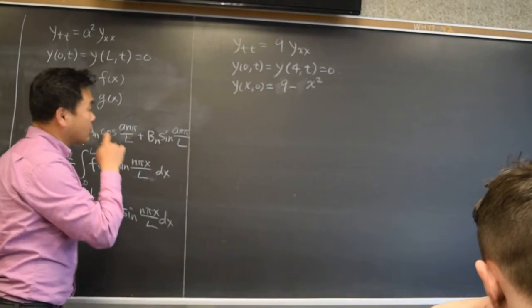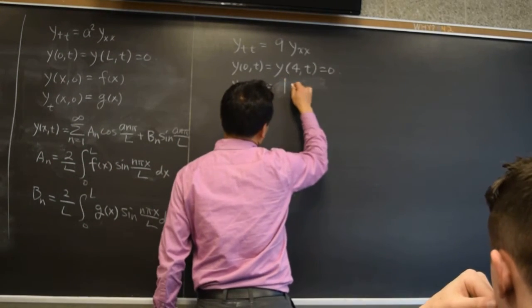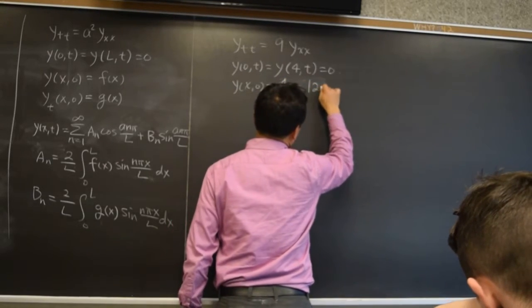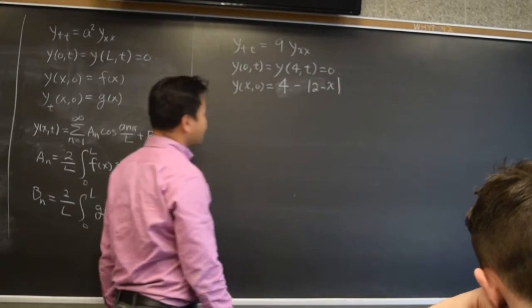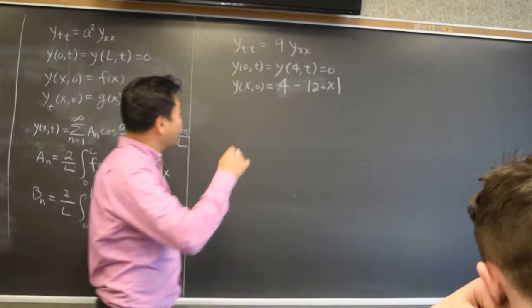Oh, okay, just a minute. Sorry, it should be 4 minus 2 minus x. Okay, so let me explain what's going on here.